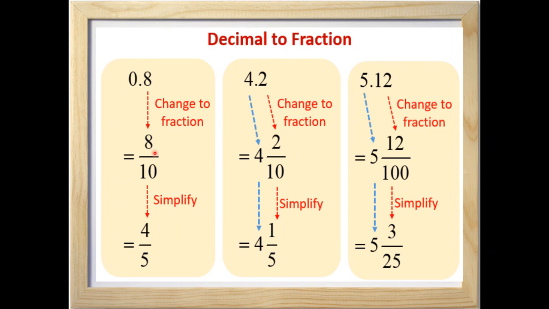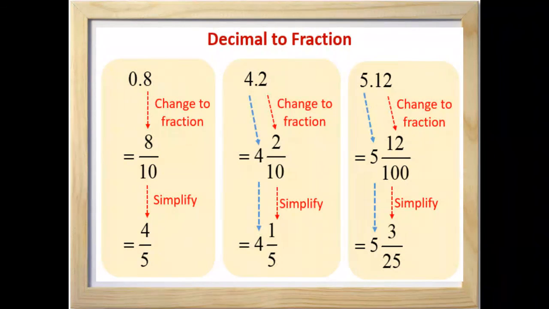And 8 by 10 is now a fraction. Now 8 and 10 have 2 as the highest common factor. So 8 divided by 2 gives 4, and 10 divided by 2 is equal to 5. So 0.8 is equal to 4 by 5. Understood, children? Is it not easy?